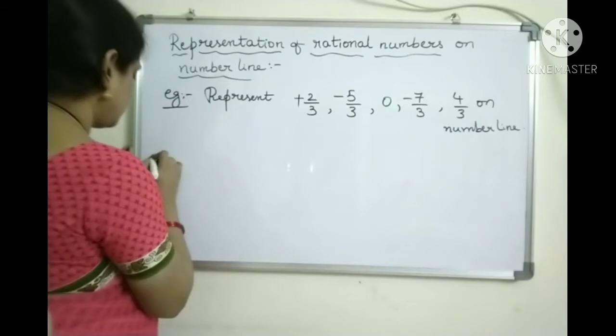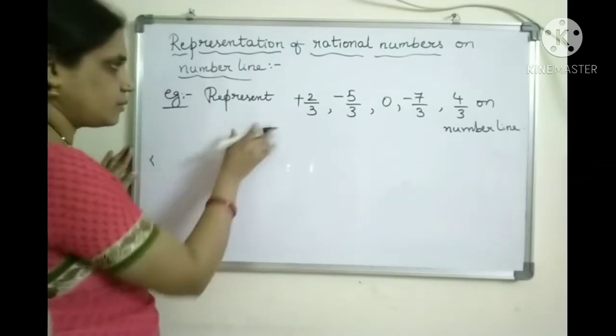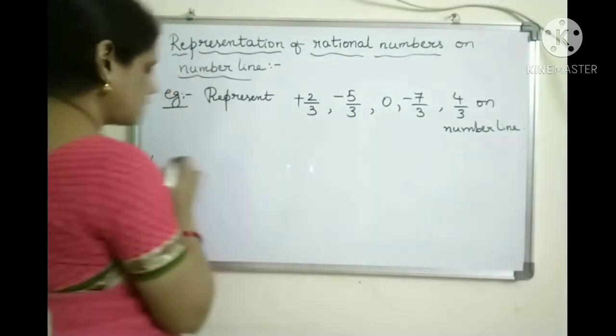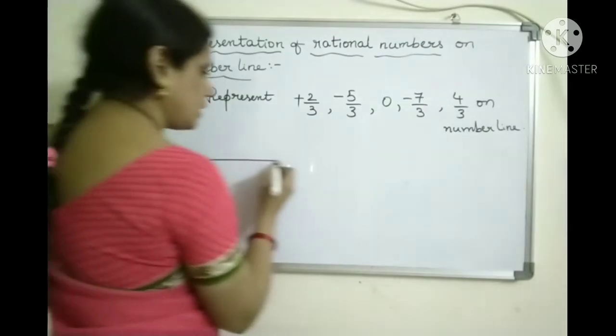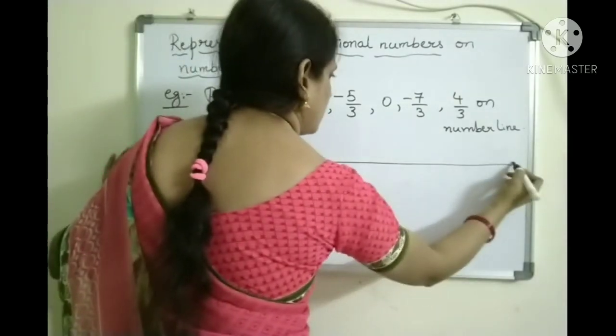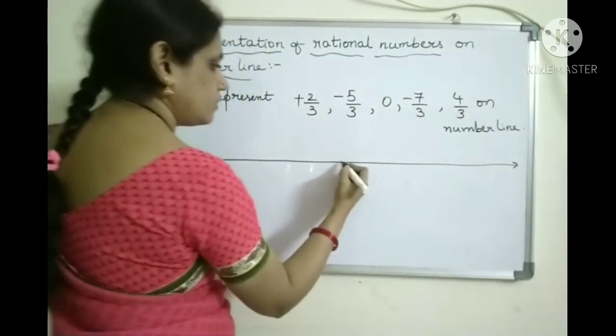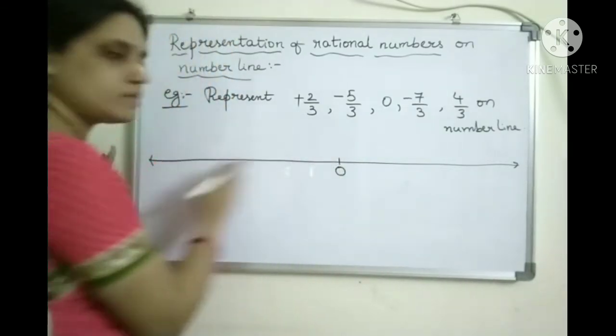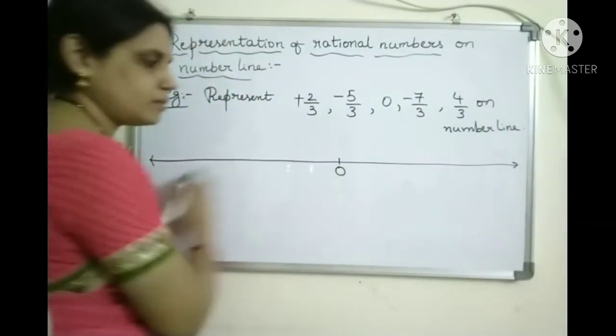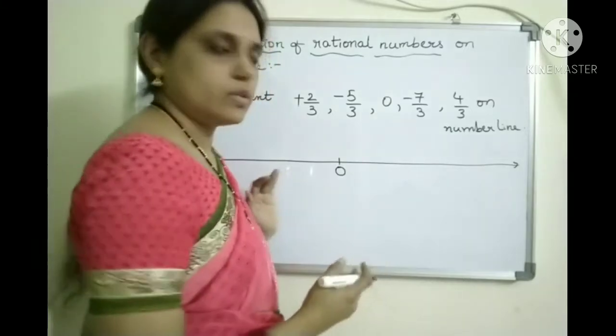So here one question is given. For example, represent these numbers on the number line. Here positive and negative are all there. So in between, write 0; left of 0 are negative rational numbers, right of 0 are positive rational numbers.